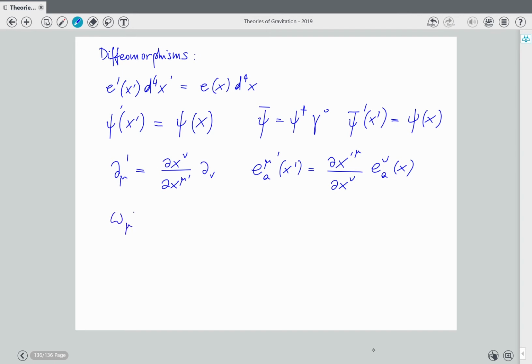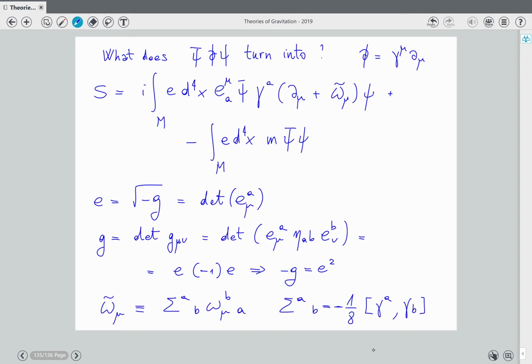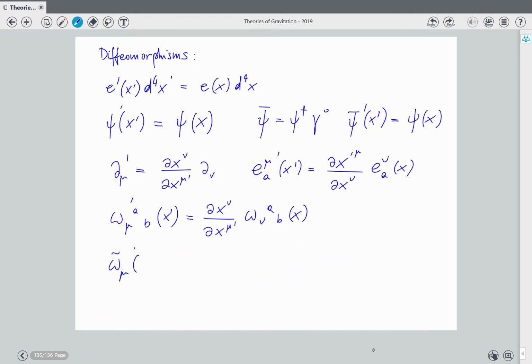Omega mu AB prime x prime is the same thing, like a vector. Which means also that omega tilde is simply omega with a matrix that is invariant under diffeomorphisms, because it has no space-time indices. And so you also have this.